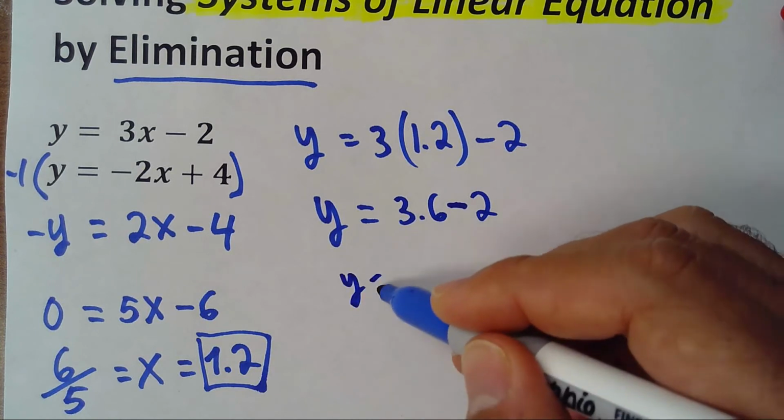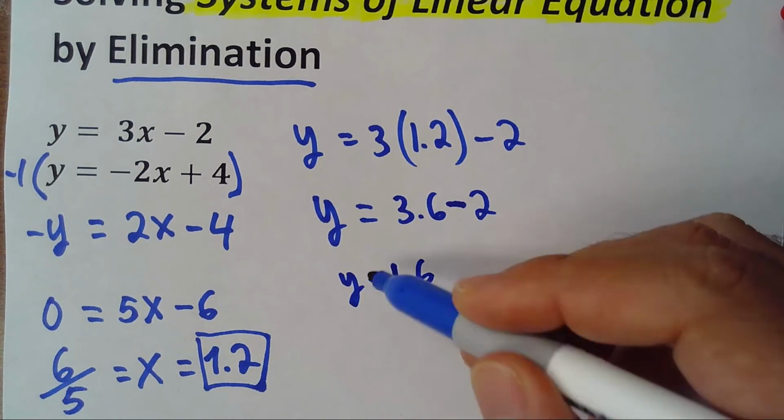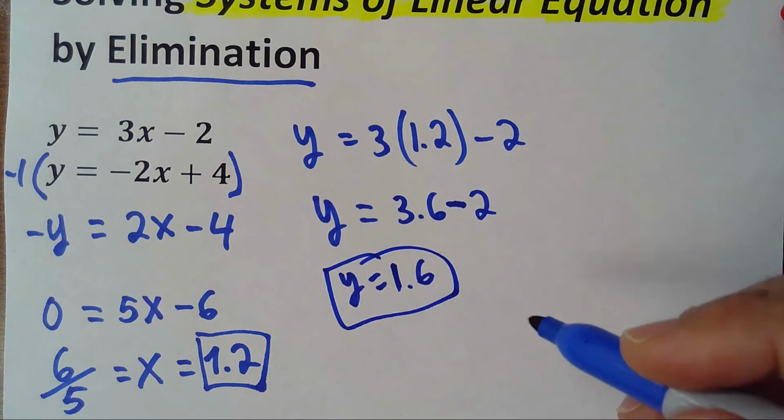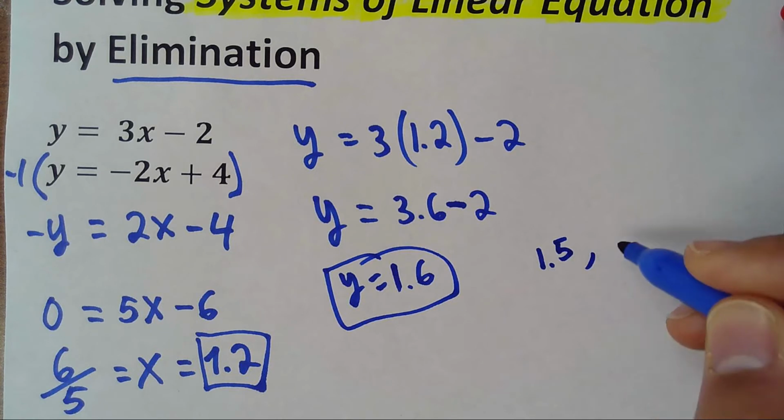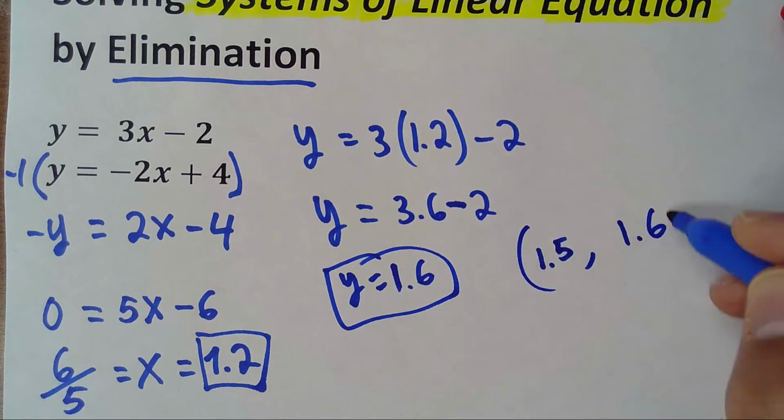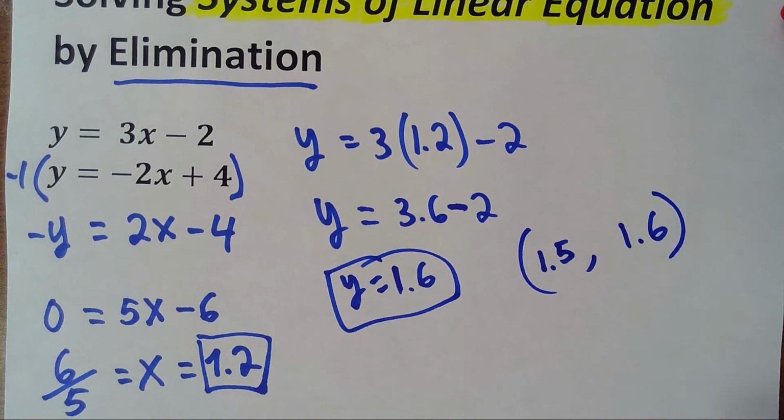So y will be 1.6. So we have x and y, which is 1.2 comma 1.6. That's the solution of the system.